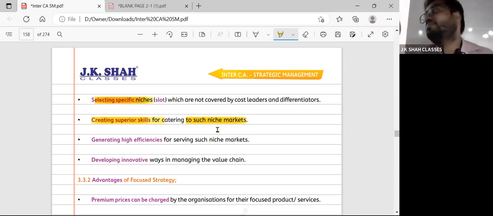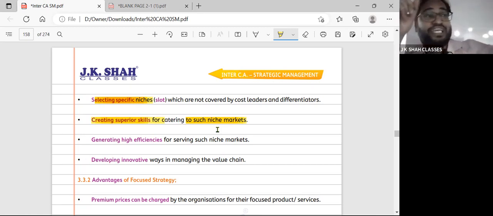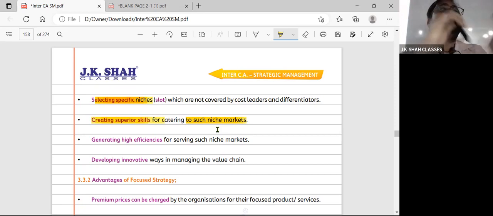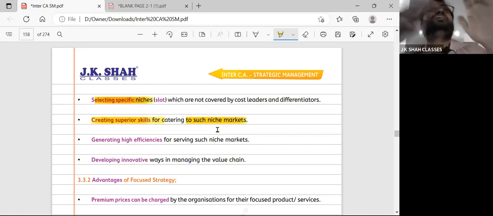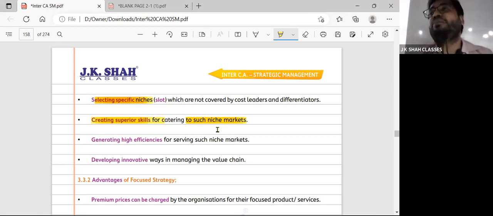Number 3, very important for us to understand point number 3. Once you have selected the area of expertise that you want to specialize in, number 2, you created superior skills. Now you will try to become efficient in that particular area of work. What do you mean by becoming expert and generating efficiency? Let's say I sell burger.